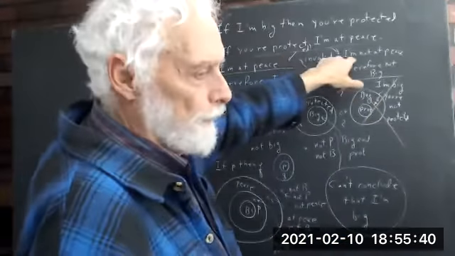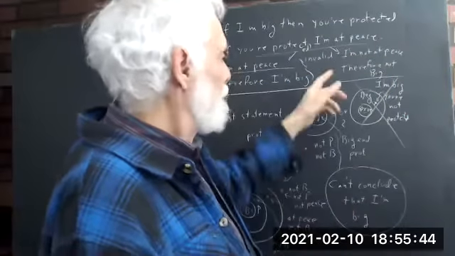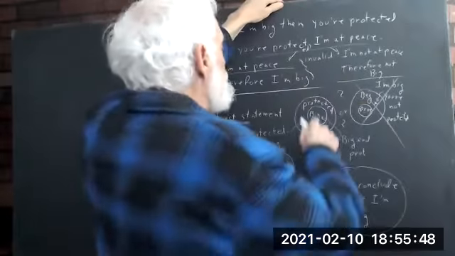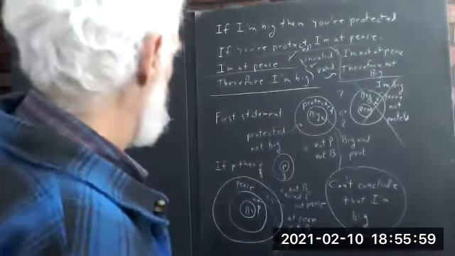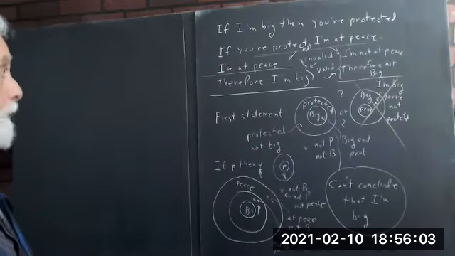On the other hand, if the next premise is I'm not at peace, then we can conclude that I'm not big. So this is invalid. This would be valid. You draw the circles and think about it. Think about how it works.